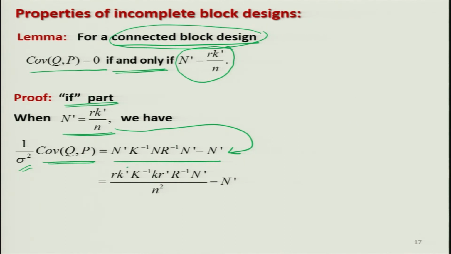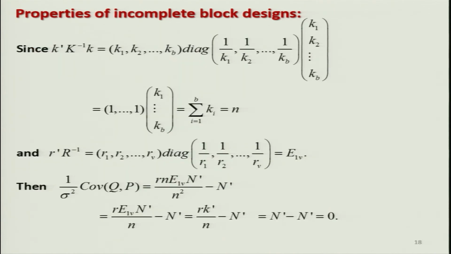You can see this term k transpose K inverse k can be simplified, just use simple matrix multiplication. This comes out to be simply n, no issues. And this term r transpose R inverse, if you substitute these values and multiply, you are going to get E 1 V.